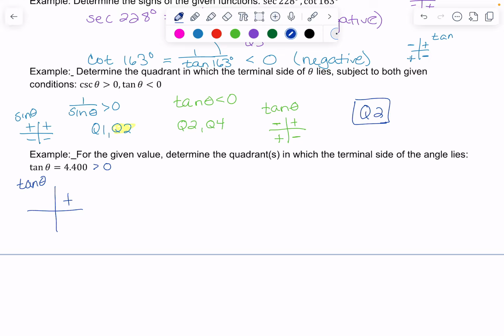But again, all students, so now it's negative in the second quadrant, take, yes, tangent's positive in the third quadrant, calculus, negative there. All right, so if I want it to be positive, the terminal side must be in Q1 or Q3, right? And that's all I'm looking at there. So that's where my terminal side has to be.